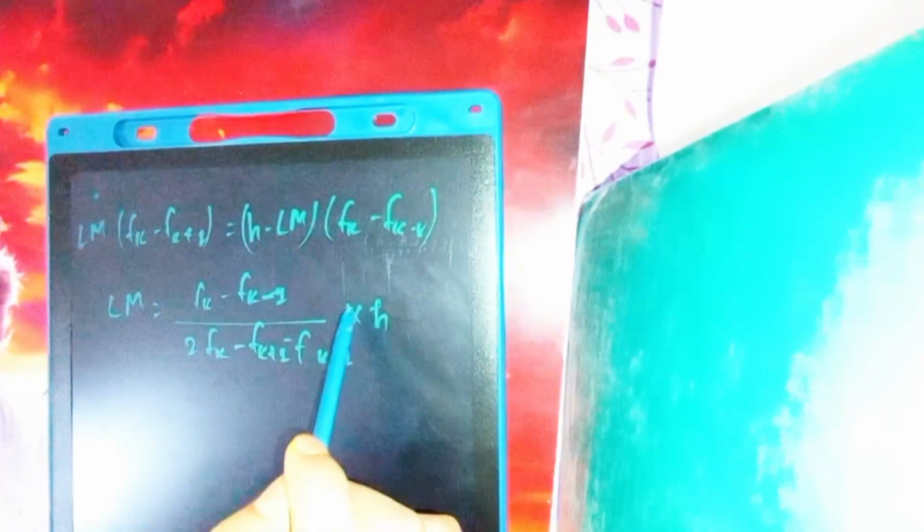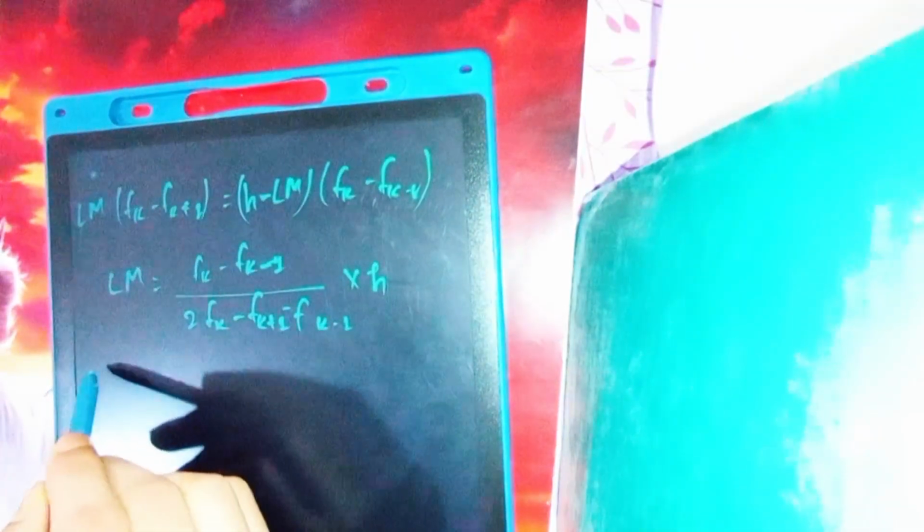Again I will write the same thing here: LM times FK minus FK plus 1 is equal to H minus LM times FK minus FK minus 1. If we simplify, you will get LM equals FK minus FK minus 1 by 2 times FK minus FK plus 1 minus FK minus 1, and this is what you will get multiplied by H. You have to simplify simple terms.